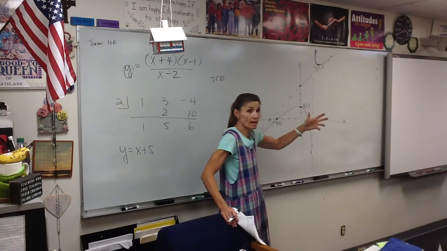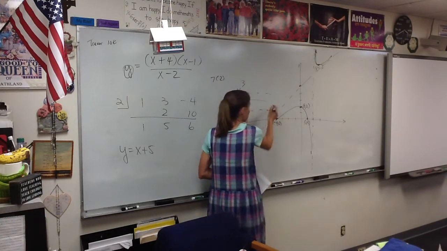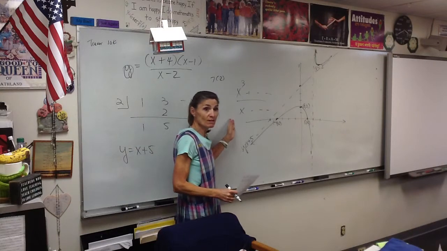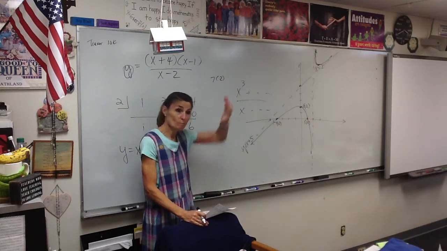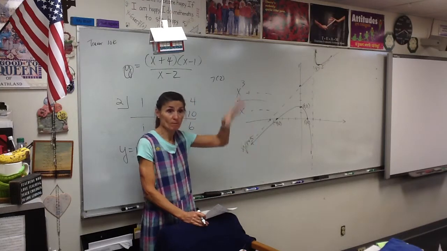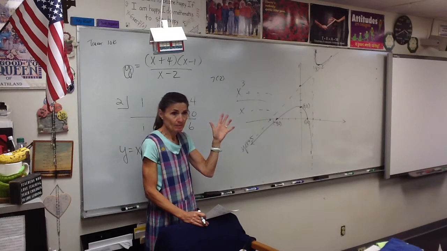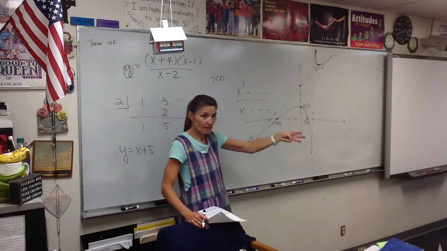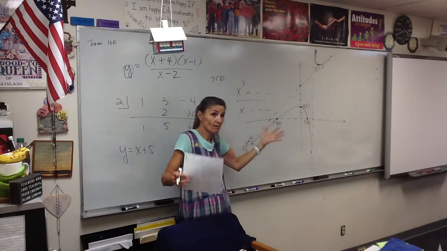We talked yesterday that if you had an x cubed over an x problem, when you did the division, your asymptote would actually be x squared, which would mean it would be parabolic. You'd have a parabolic asymptote. So the end behavior asymptote could be anything. Up until yesterday, we've only talked about horizontal ones, but now we know there are lots of other kinds.